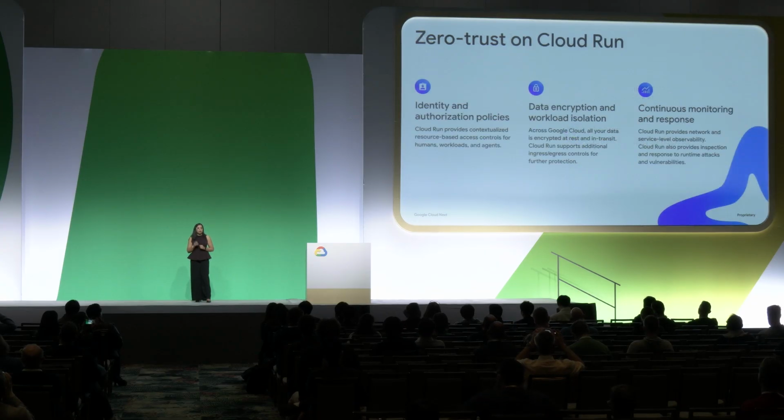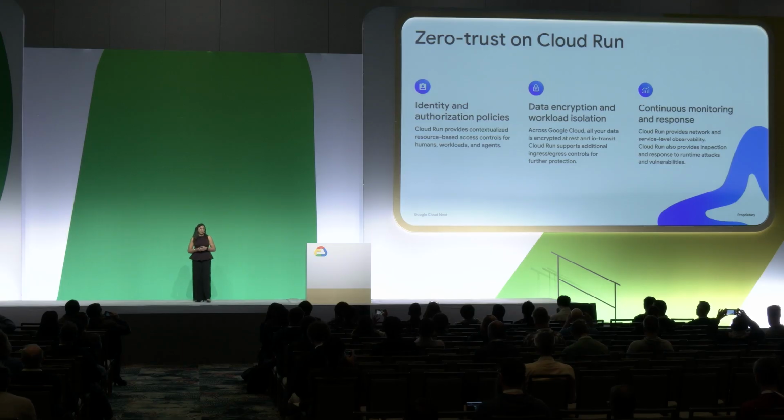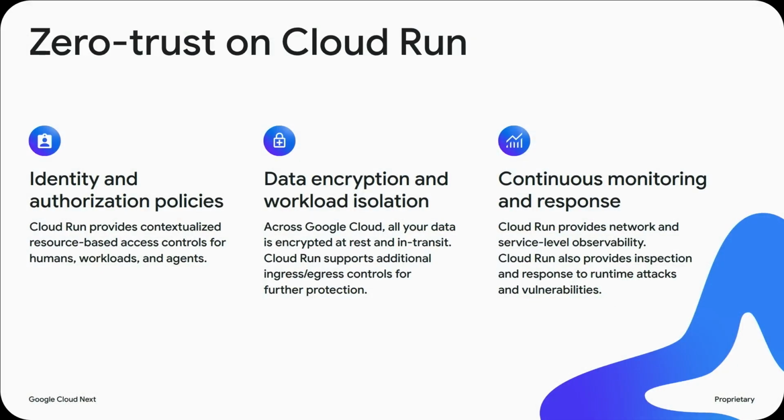Now let's see how Cloud Run is built with these zero trust security principles built into the platform. Cloud Run provides robust role-based access controls and context-aware access controls for every identity in your system, whether it's a human accessing your application, a user, or an agent.